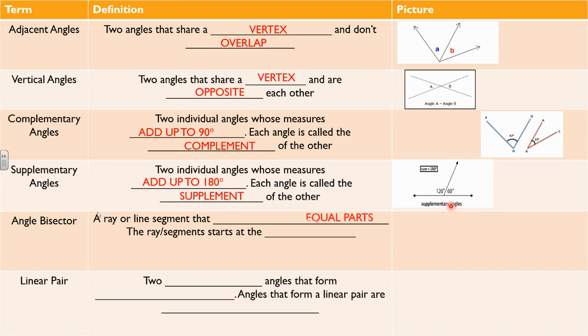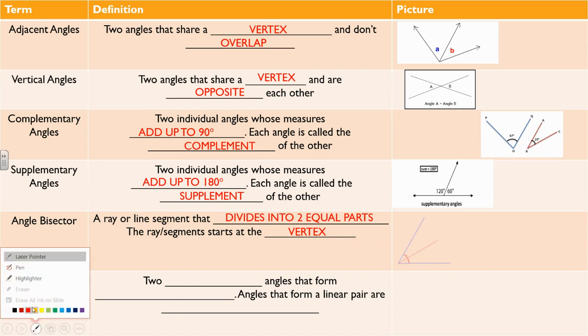An angle bisector is a ray or a line that divides an angle into two equal parts. Bisector is a word that we used this week and last week as well. Those rays or segments start at the vertex itself. Let's take a look at my example here.